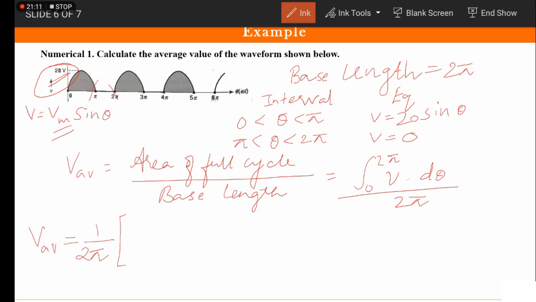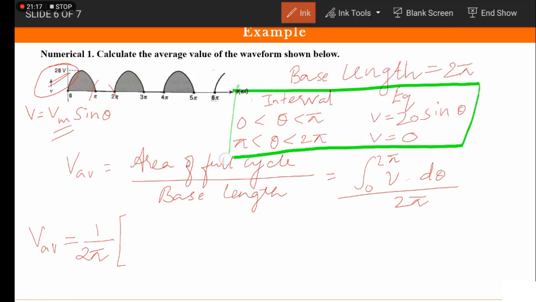So we have divided our signal into two parts, from 0 to pi and then pi to 2 pi. So we are going to write two integrals here: integration 0 to pi of V d theta plus integration pi to 2 pi of V d theta.